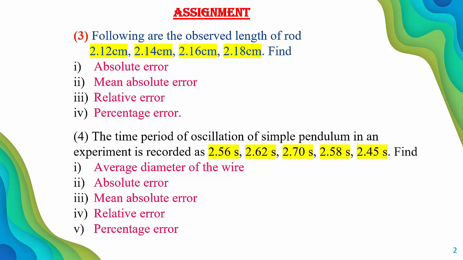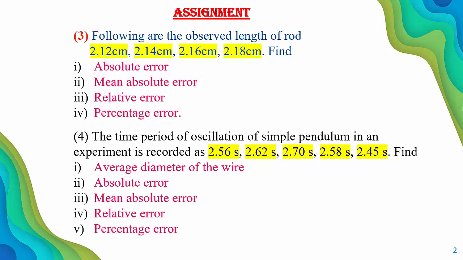The third one is relative error. It is the ratio of absolute error to the mean value, denoted by delta A is equal to delta A bar divided by A bar. And the last one is percentage error. When relative error is multiplied by 100, we get percentage error.